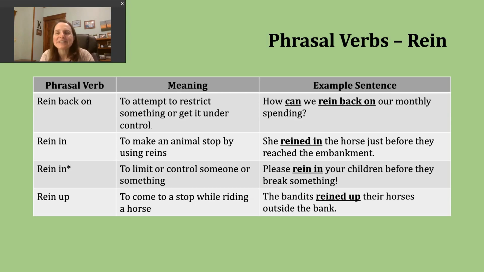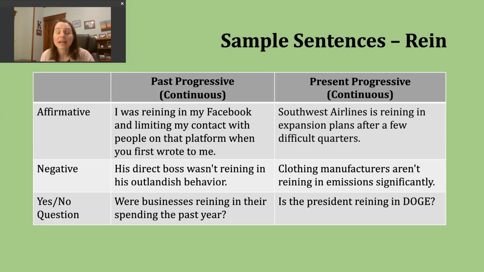Now let's continue using our verb of the day in a couple different verb tenses. Today we'll practice the past progressive and the present progressive. Both of these verb tenses also get known as the continuous, and that's just fine. Progressive, continuous, they mean exactly the same thing. We'll start with the past progressive today, and what we're going to do with this verb tense is describe an action that was ongoing or that was continuing during a period in the past.